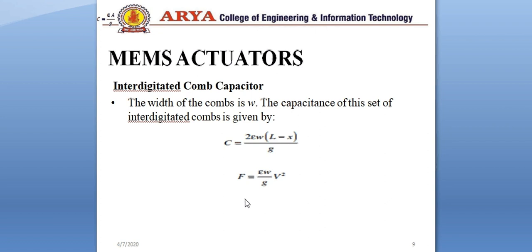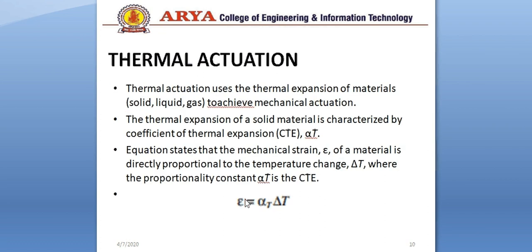This is all about the interdigitated comb capacitor. So we have discussed the electrostatic actuation, which is produced by producing an electric field by the capacitor. Now we will discuss the thermal actuation.